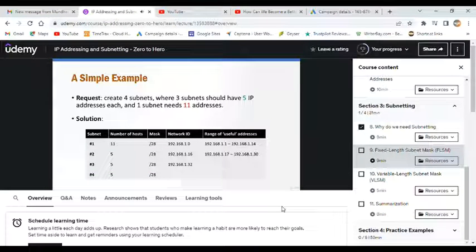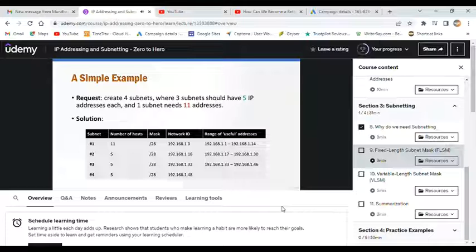And then again, we're going to use the next 16 IP addresses in that subnet, where 192.168.1.47 is going to be broadcast, and then 192.168.1.48 is going to be the network ID of the fourth subnet.